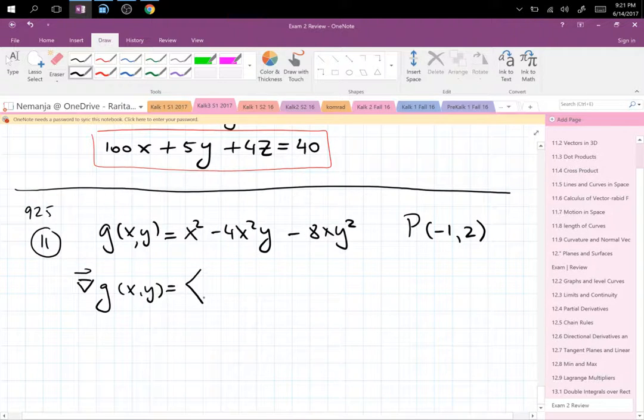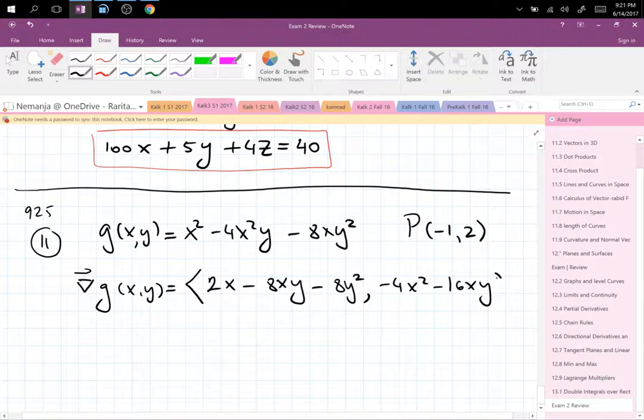The partial derivative with respect to x is going to be 2x minus 8xy minus 8y squared. And the partial derivative with respect to y is negative 4x squared minus 16xy. So I took the derivatives with respect to x and then with respect to y.